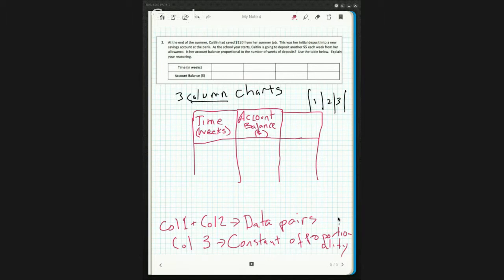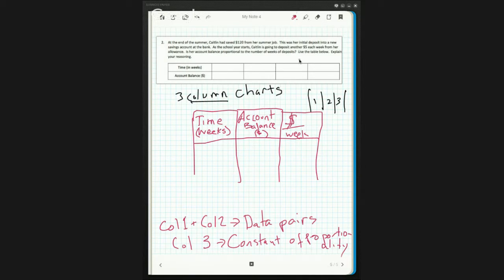If that's the same, if we have a constant proportion, then we know that we have a proportional relationship. So remember, the way that we find column 3 is we divide column 2 by column 1. So here, if we have the account balance in dollars and time in weeks, the amount of dollars per week is column 3 here.